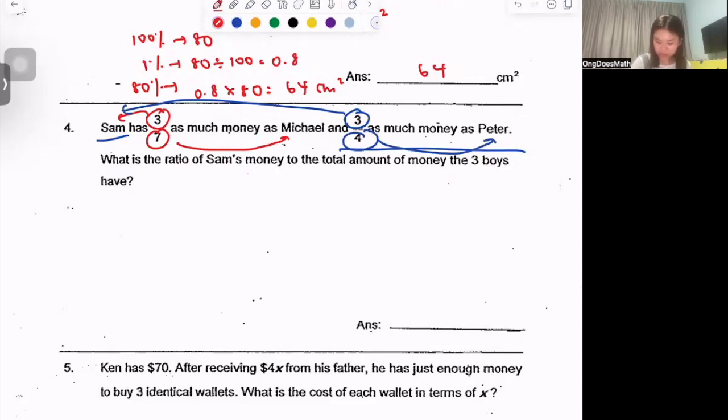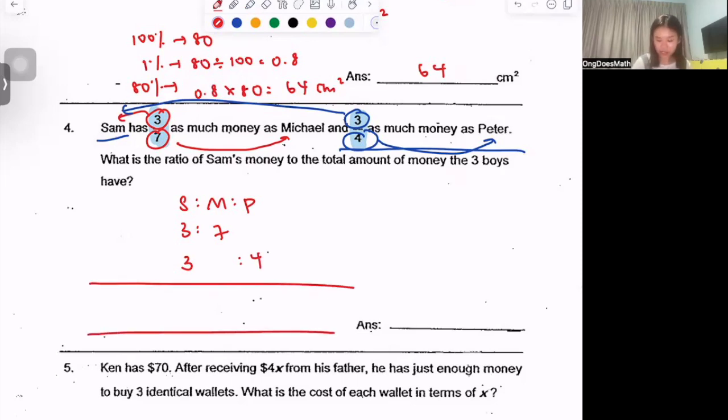So we got 3 characters: Sam, Michael, and Peter. The first fraction tells you Sam has 3, Michael has 7. And the second fraction tells you that Sam has 3, while Peter has 4. So now we can combine everything. Lucky for us, Sam has 3 units in both scenarios. That's why we don't need any manipulation.